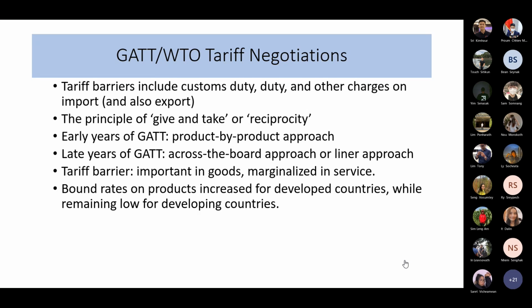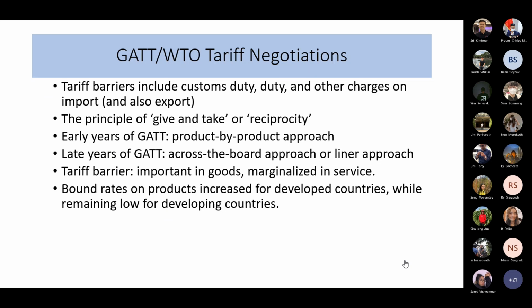During the negotiation, the members always have two types of tariff. The first one we call the bound tariff rate, and the second one is the applied tariff rate. The bound tariff rate refers to the highest, the maximum rate that you are willing to apply.